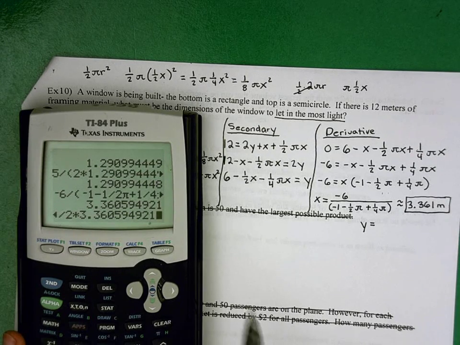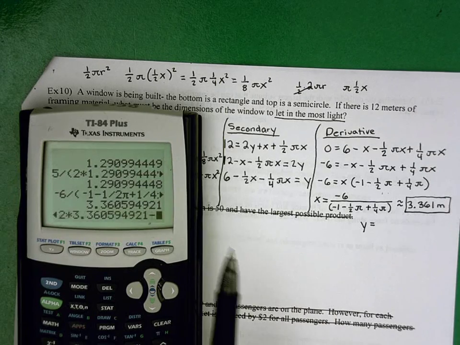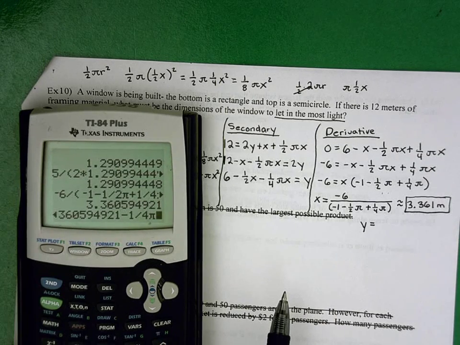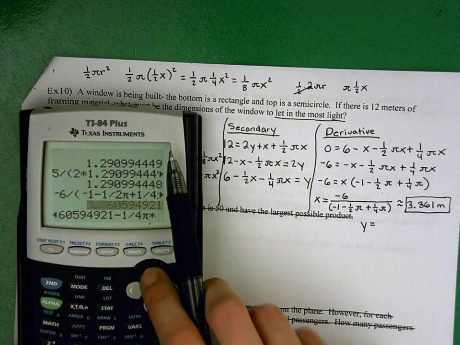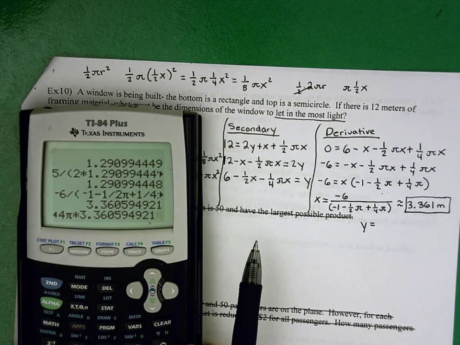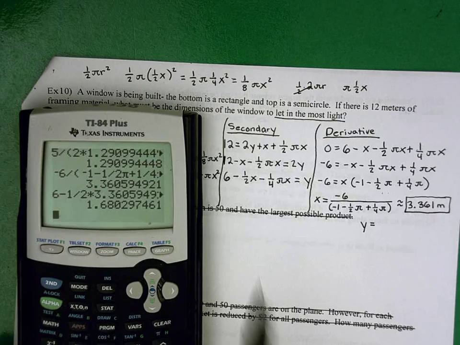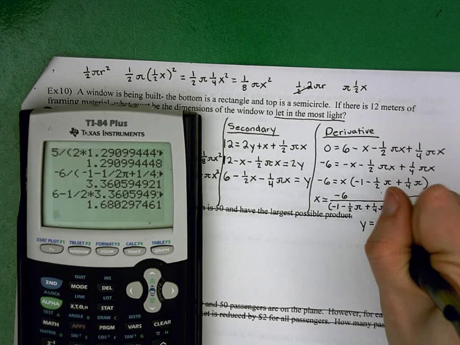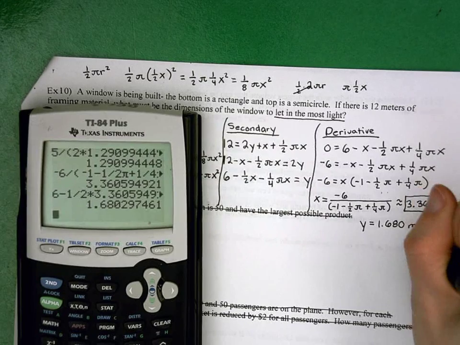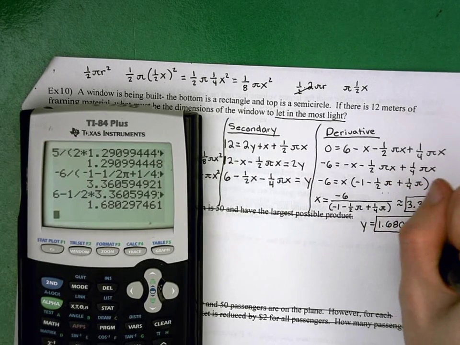Then I have minus 1/4 pi, and then again x, so hit up, select enter, so you've selected it, you've inputted it, and that gives me 1.680. And then again meters. And there you go.